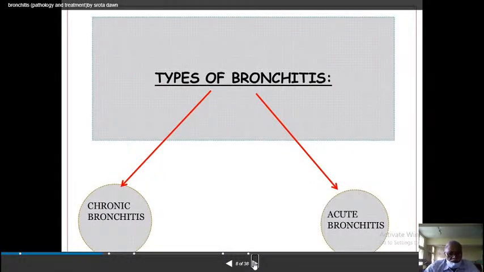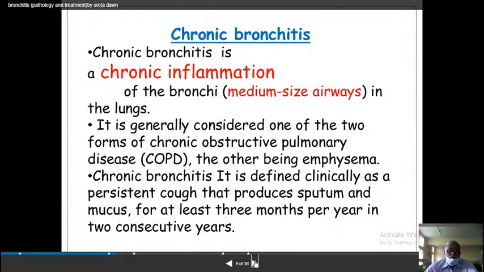Then the types of bronchitis: the chronic bronchitis and acute bronchitis. Chronic bronchitis is a chronic inflammation of the bronchi, the medium-sized airways in the lungs. It is generally considered one of the two forms of chronic obstructive pulmonary disease, the other being emphysema.